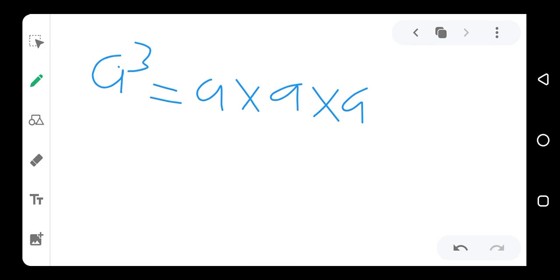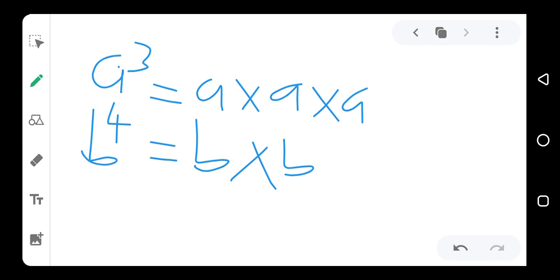If you have b raised to power 4, it is equal to b into 4 times in the expanded form, which is now b times b times b times b. This is b into 4 times.